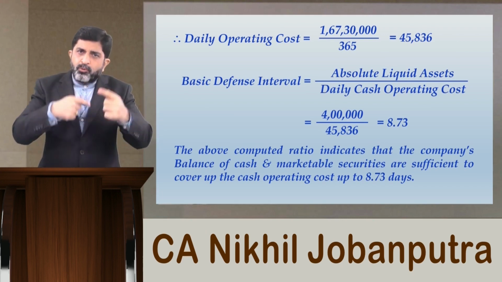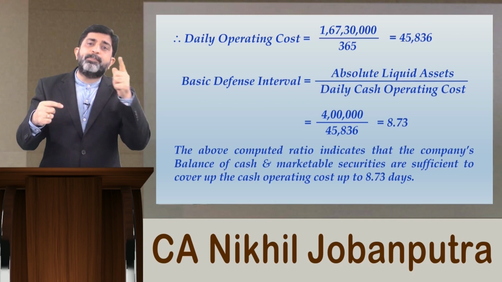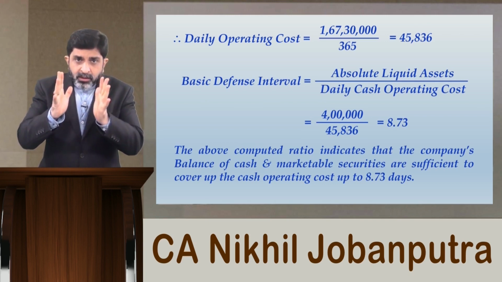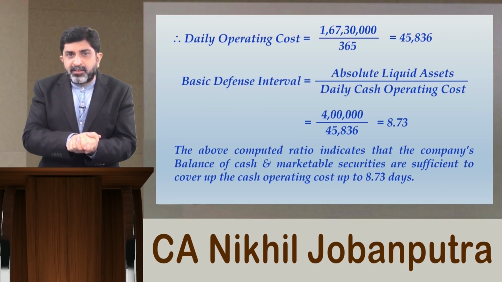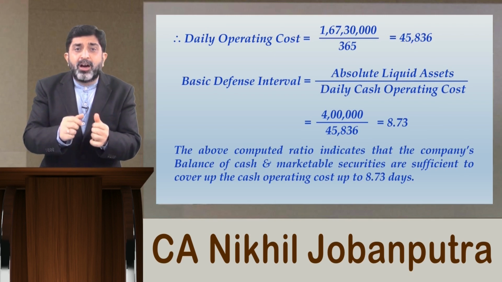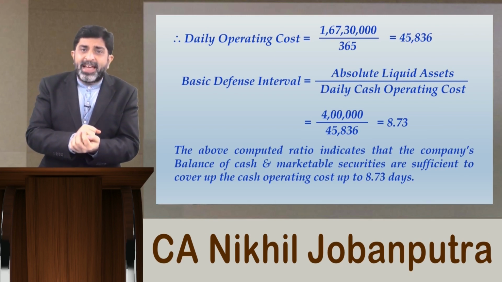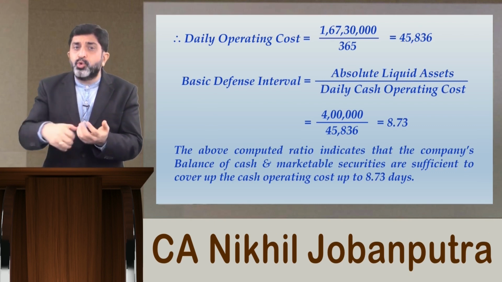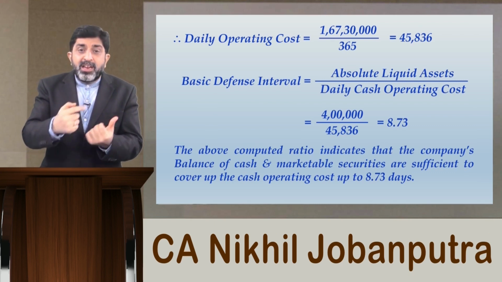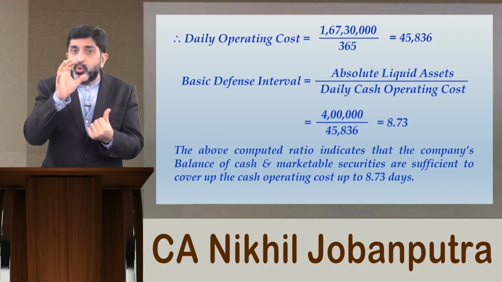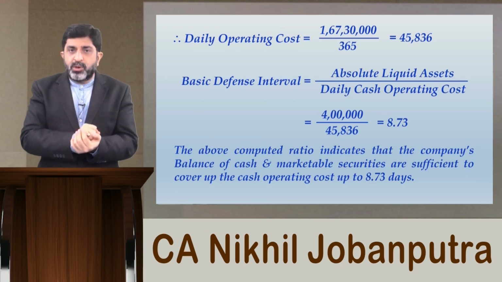So that inflow, outflow cycle will keep on moving. But imagine what happens when a scenario like a lockdown is imposed. It's not a usual scenario. So we need this kind of ratio to handle those situations.